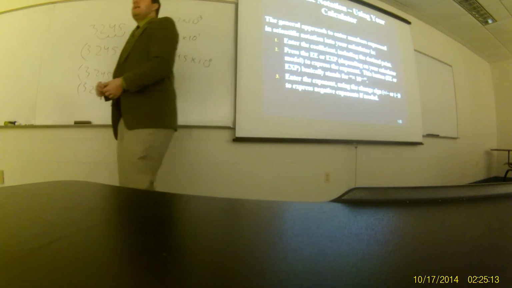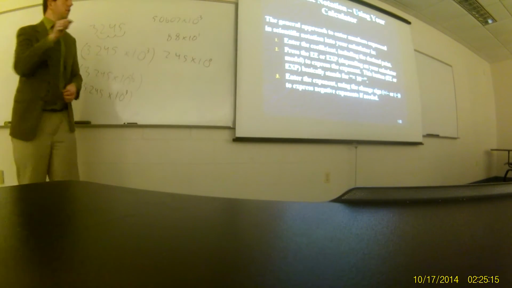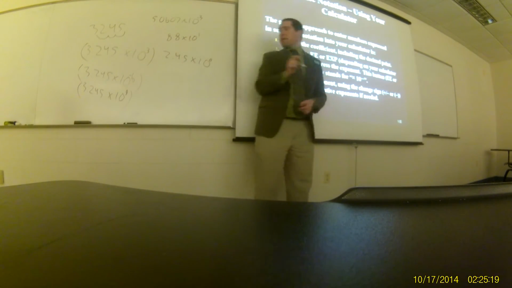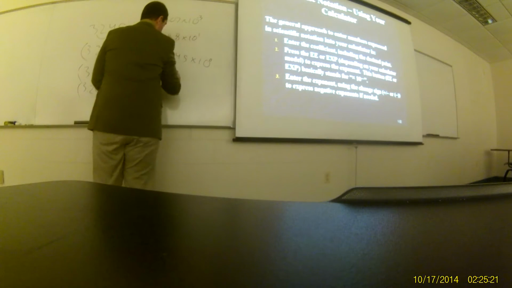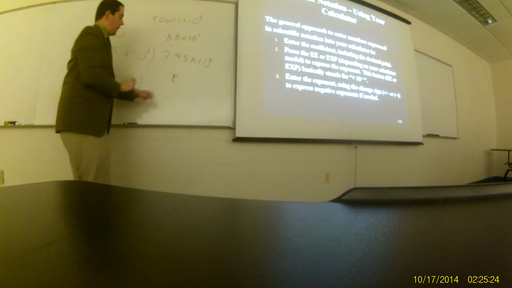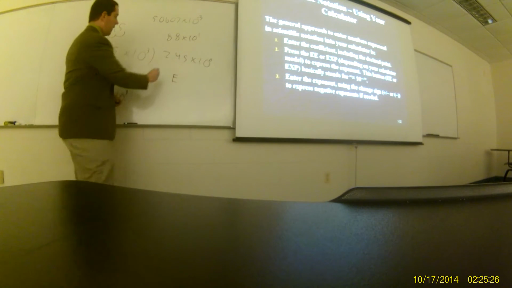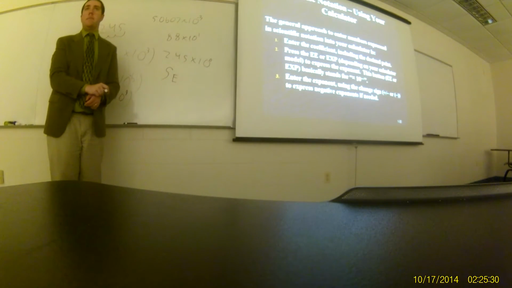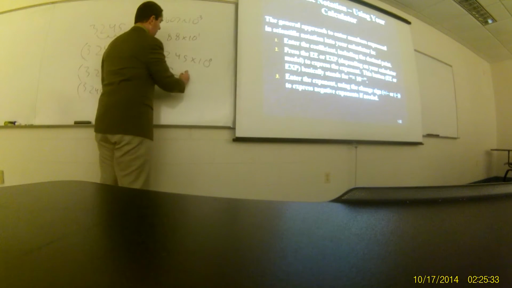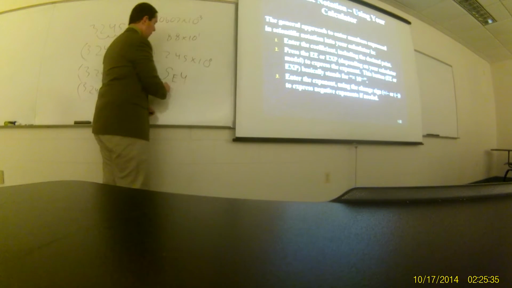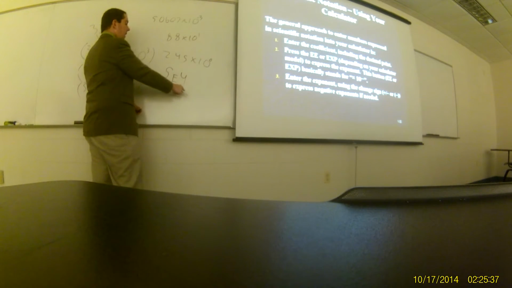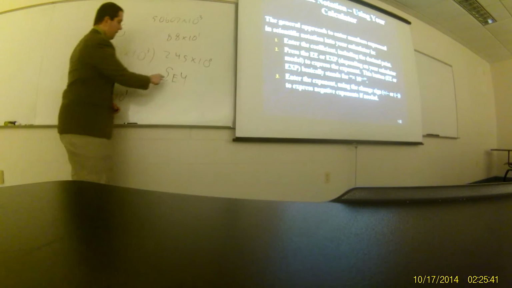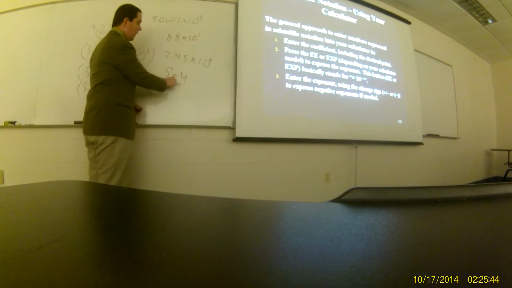Most likely, if yours has either of those, and you hit that, it's going to give you one small, raised capital E. So it would be like a 5 with a small capital E, and then it will allow you to put in a number. So you put in 5E4. 5E4 means 5 times 10 to the 4th.